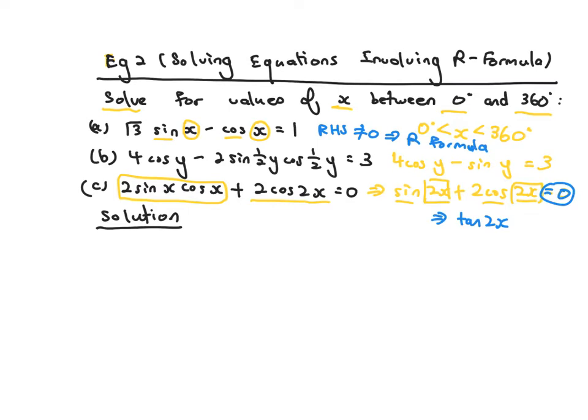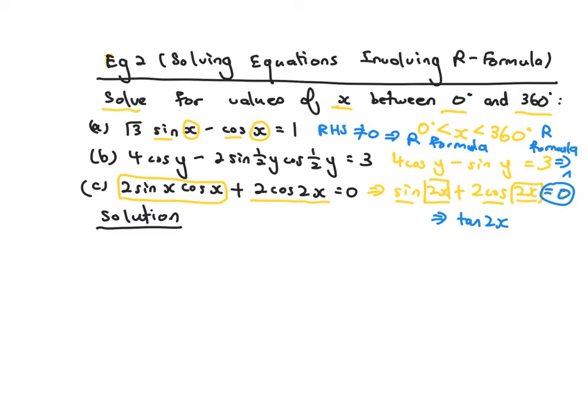So check the format. You have 1 cos, 1 sine, and the angles are the same. So it's a feature for R formula. Check the right hand side, 0 or non-zero? Non-zero. So this confirms that for part B, you have to use R formula again.